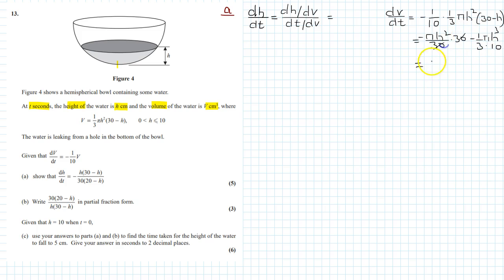So this cancels: pi h square minus pi h cube over 30. So that is pi h square times (30 minus h) over 30. This is our value of dv over dt.